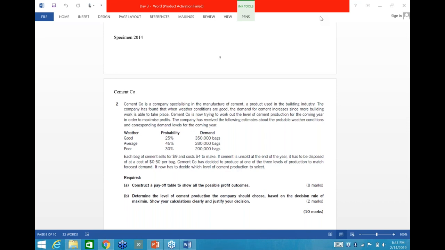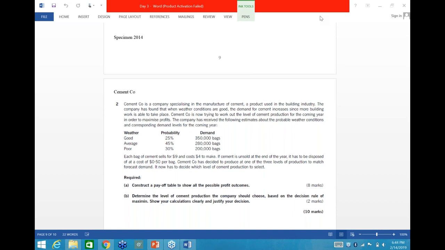That's common sense. The company is now trying to work out the level of cement production for the coming year in order to maximize profits. The company has received the following estimates about probable weather conditions and corresponding demand levels for the coming year.